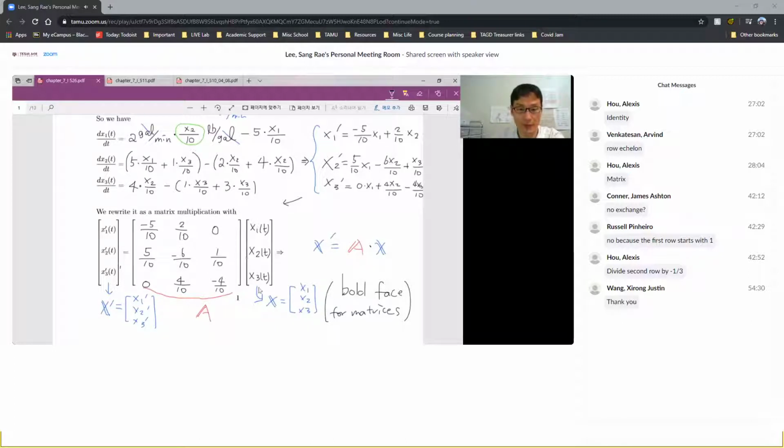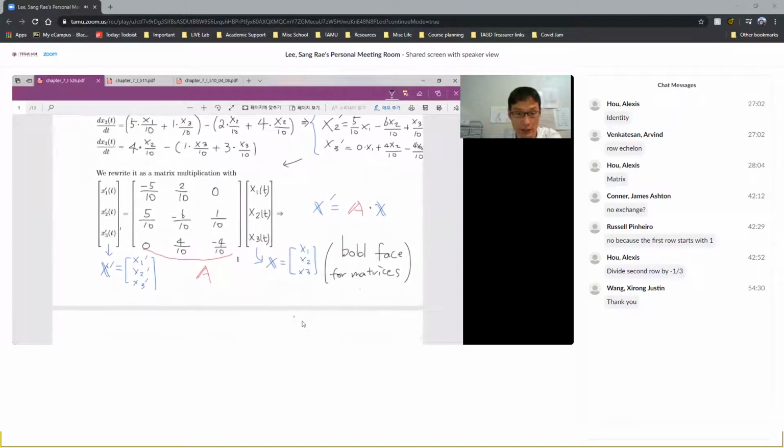This column, x1, x2, x3, will be denoted by capital X, and the column on the left-hand side, x1 prime, x2 prime, x3 prime, will be denoted by X prime. And then we found a 3x3 matrix to express the system as X prime equals A times X. So boldface for matrices from now.